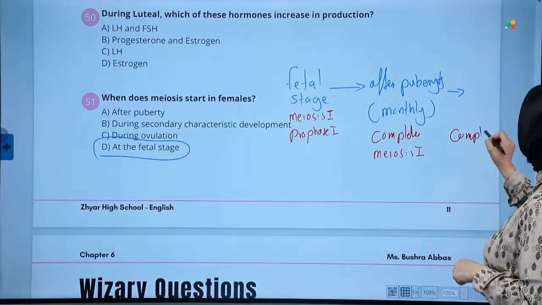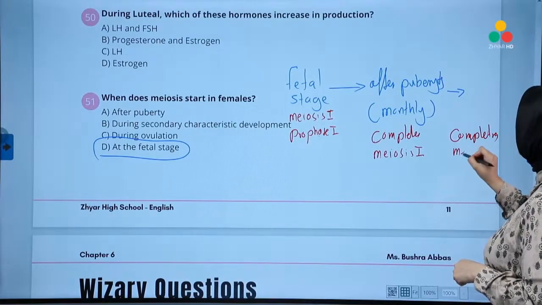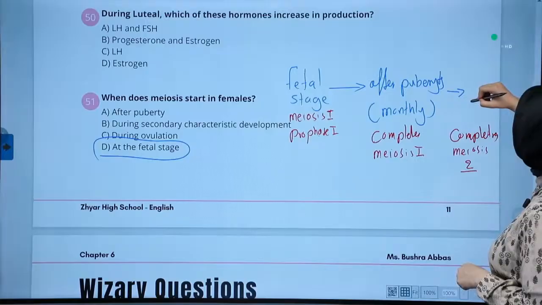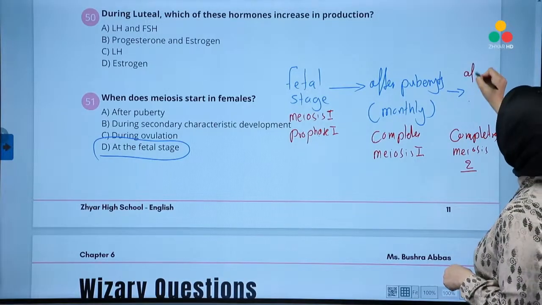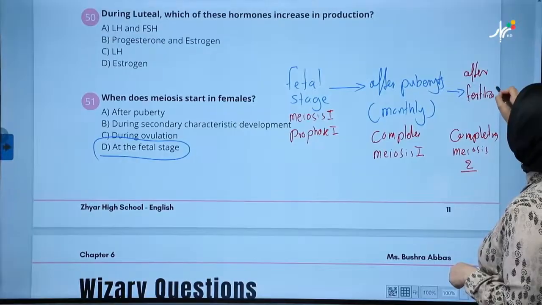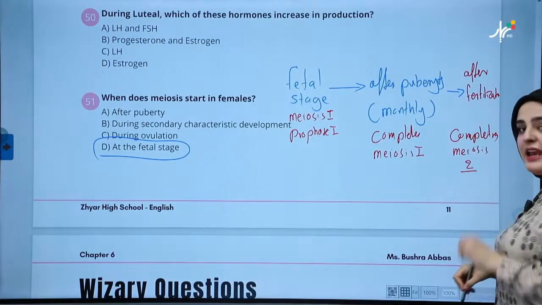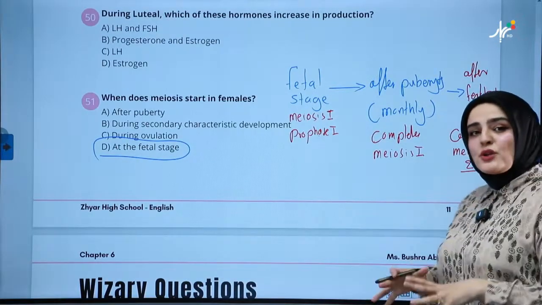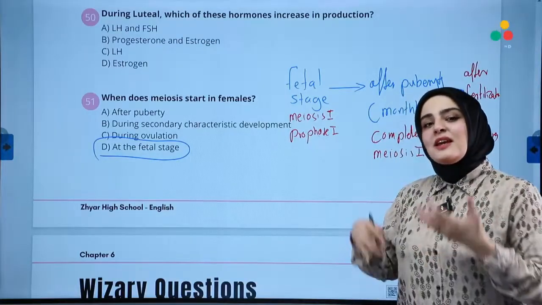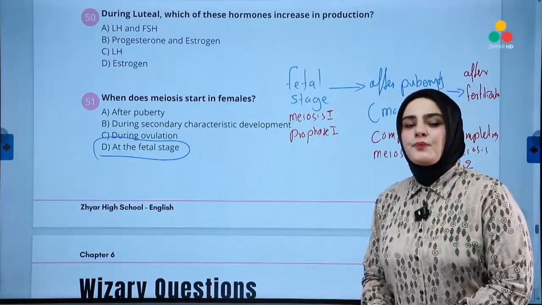Completing meiosis 2 only happens after fertilization. So an egg should be penetrated by a sperm in order for it to get induced and complete meiosis 2.